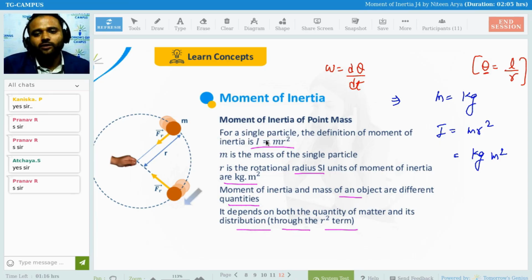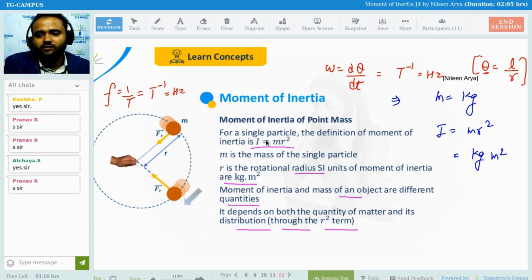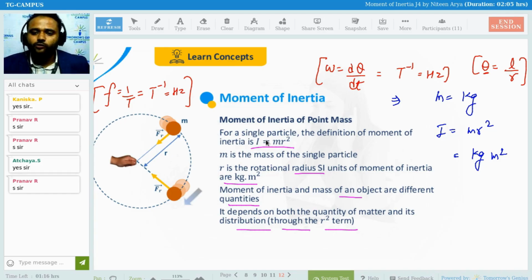It doesn't have any unit, but time has a unit, so the unit is time inverse, the same as the unit of frequency, which is hertz. So if two quantities are analogous, we can also tell with the help of units.